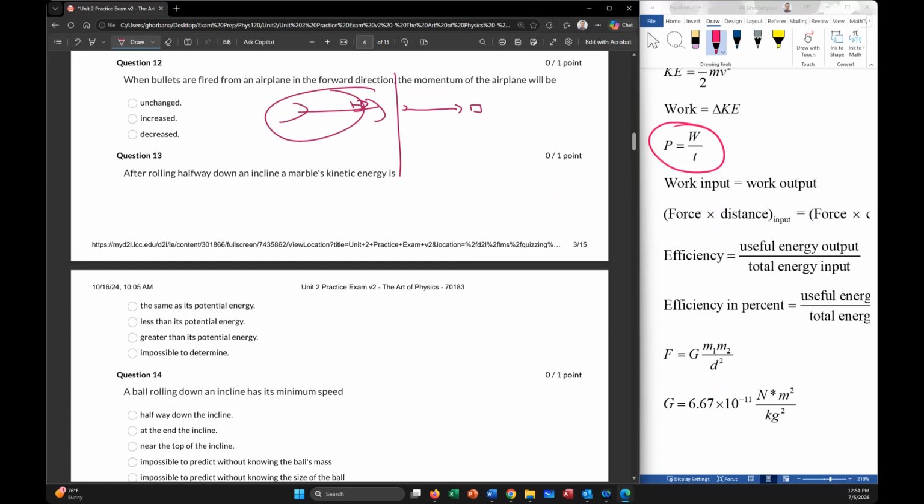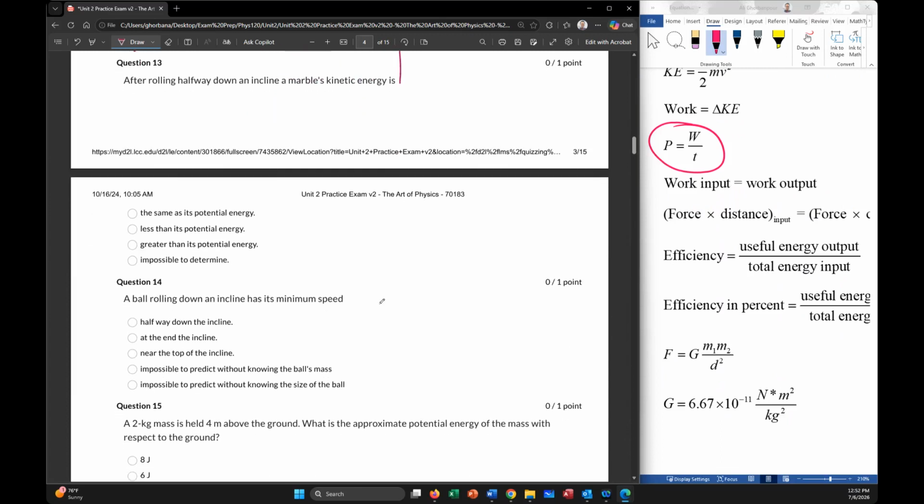So what is the right answer here? Decrease. Makes sense, because we are trying to keep the entire momentum constant. Momentum before should be momentum after. Because the bullet is fired, that's why the momentum of the airplane is decreased.